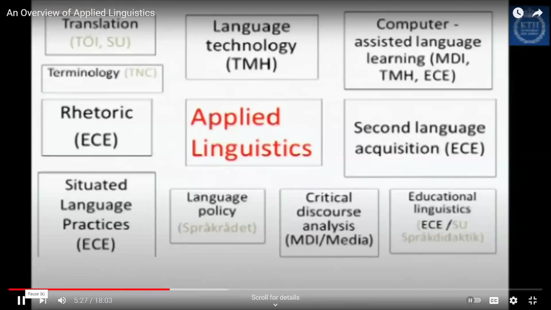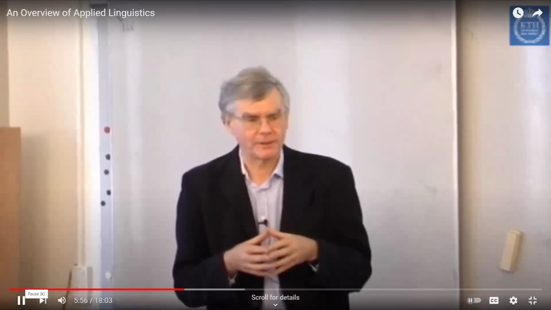At the bottom right, I've put educational linguistics, and I've just learned that this school will begin to work with teachers of engineering, teachers of technical subjects. Educational linguistics would look at how language works in education, how language works in multilingual education environments, and how we acquire the language of the discipline.